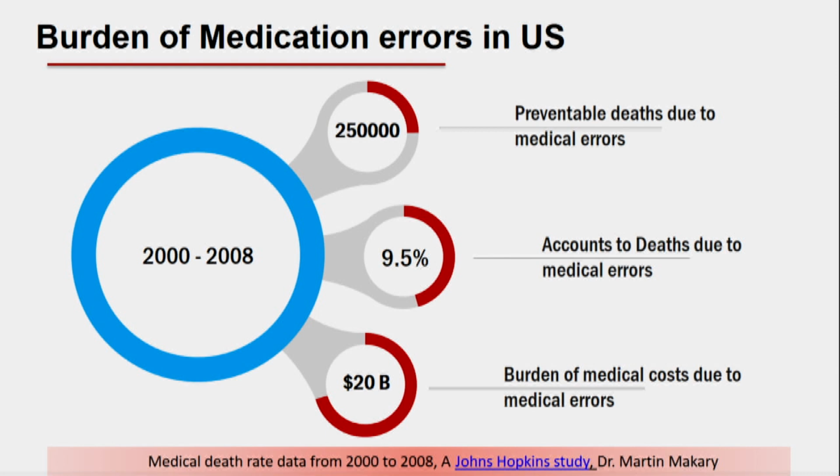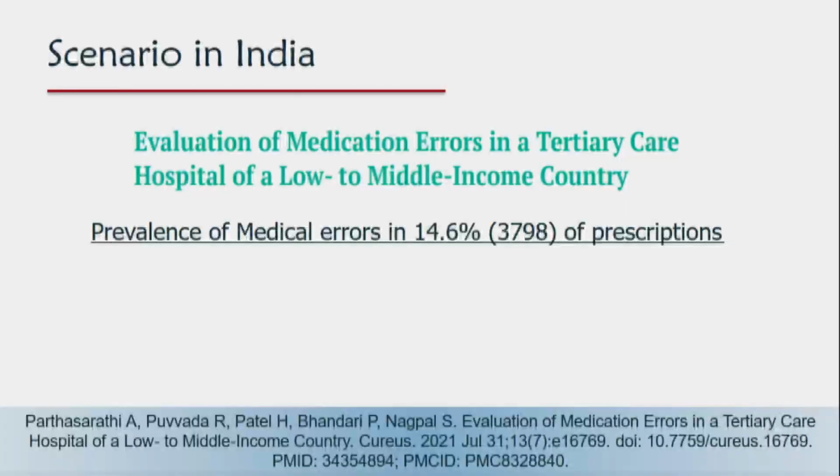This was in the ICU, under scrutiny and under the care of a nurse and a doctor. And the burden of this entirely was about $20 billion over these years. So it shows what happens when there are medication errors.